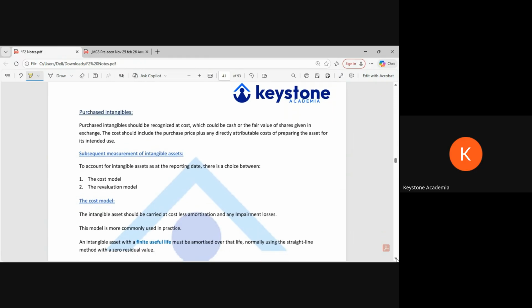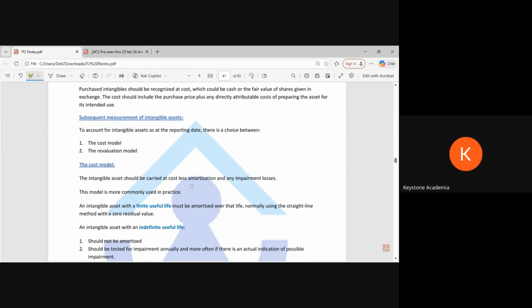Now, how do we measure it? So there are two things. One is the cost model. Second is revaluation. Cost model is simple. The intangible asset should be carried at cost less amortization and any impairment loss. So technically, you have bought it for a certain amount and you'll have amortization. If it is going down, usually it will reduce in value.